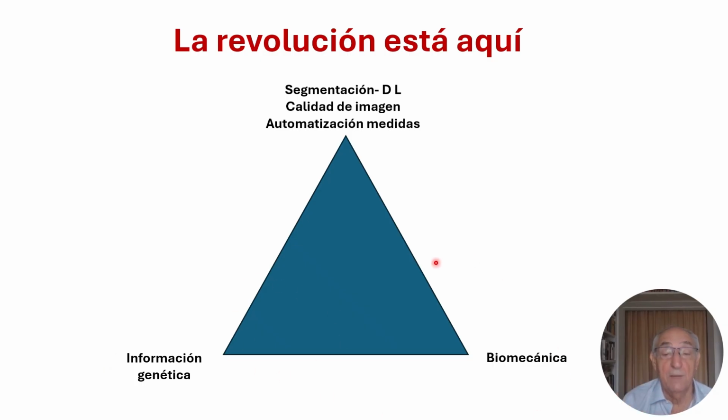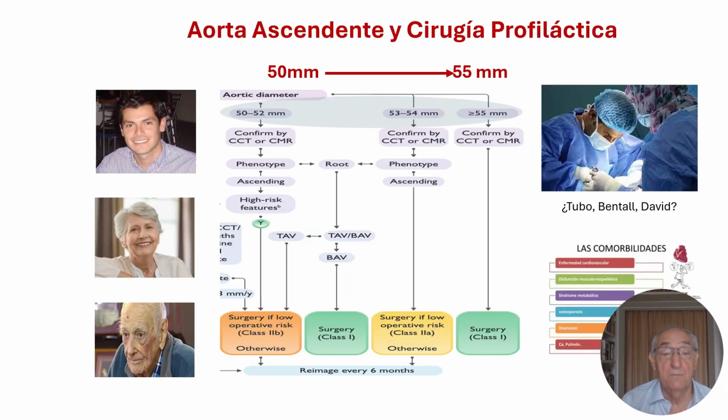And finally, biomechanics studies that are actually underway and that will help us to see what tissue and what biomechanical response the aorta has. All this besides the diameter. In the last slide, I would say that it is fundamental to take into consideration not only the diameters that the guidelines are telling us, which are 50 to 52, 53 to 54, or 55, but somehow think about which patient carries these diameters, that these 3 patients are different, the benefits we will provide them, their preferences, and the lifestyle and quality of life they desire.